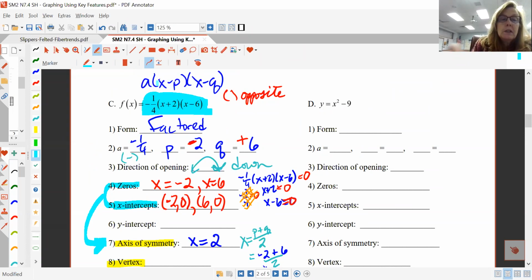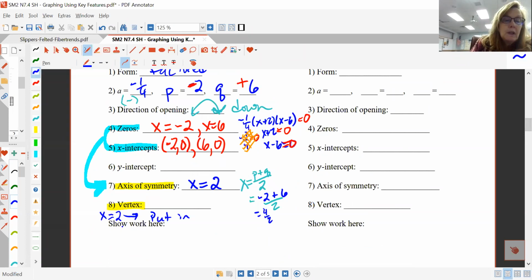I take that formula, y equals -1/4, and everywhere I have an x, I replace it with 2. So (2 + 2), and then (2 - 6). And then I just need to evaluate that, okay?